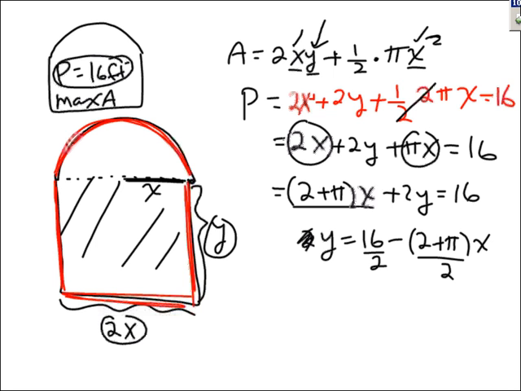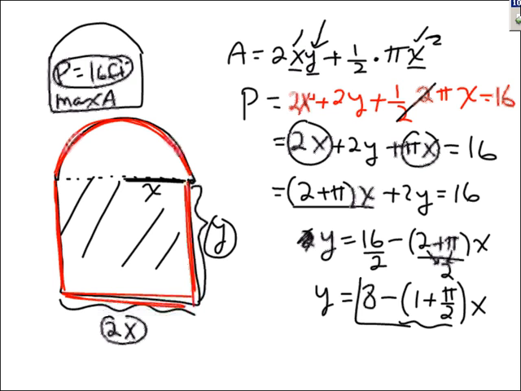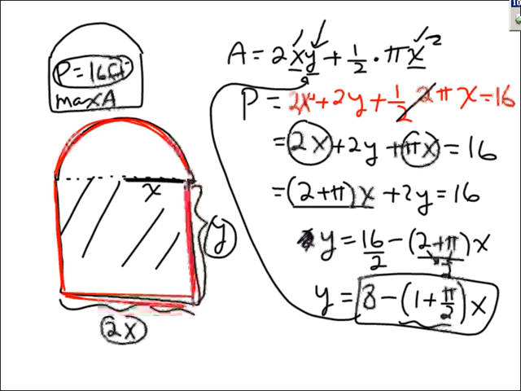So I get y is equal to 8 minus, well, 2 over 2 is 1, plus pi over 2 is pi over 2 x. That's another way of writing y. Possibly, maybe I should have left this as 2 plus pi over 2, all over 2. But I did it.